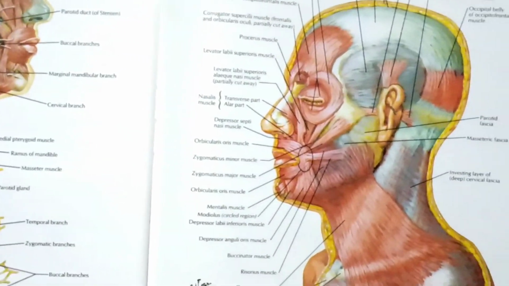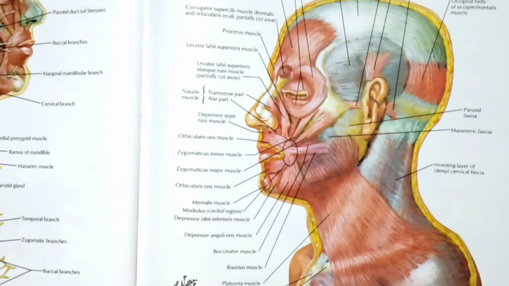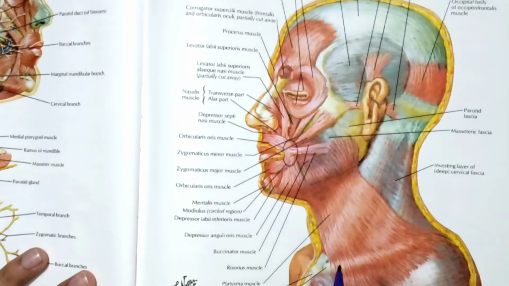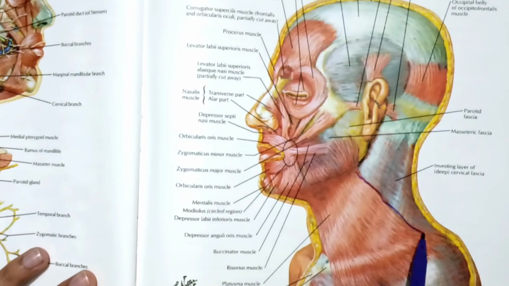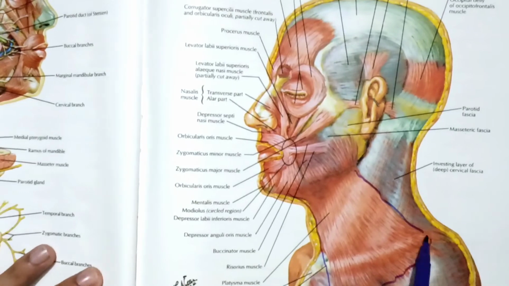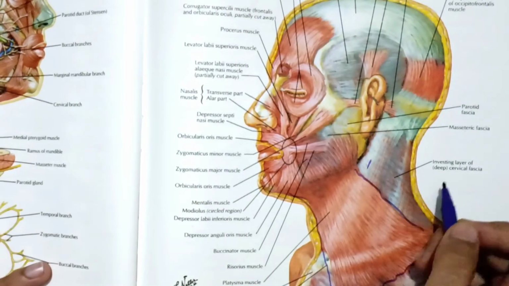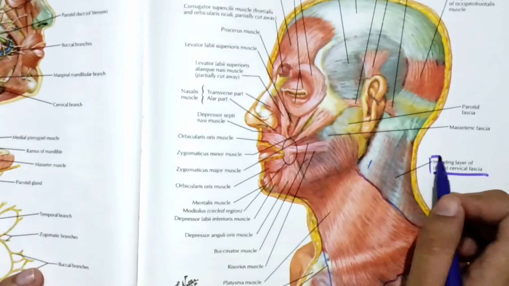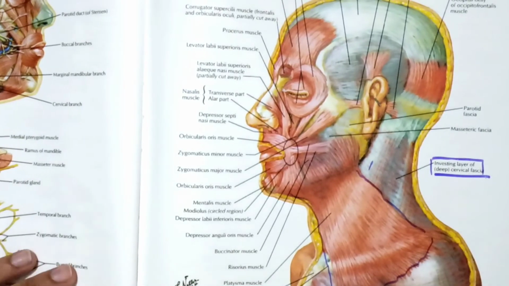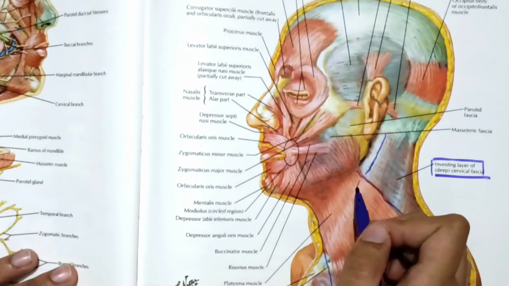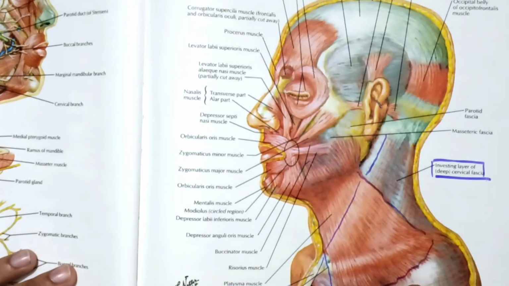In this diagram you can see the muscles of head and neck. You can see this large superficial muscle is the platysma. This is very superficial to the fascia also. This white part is all fascia, deep cervical fascia, investing layer, and this large muscle is going all over under the fascia.